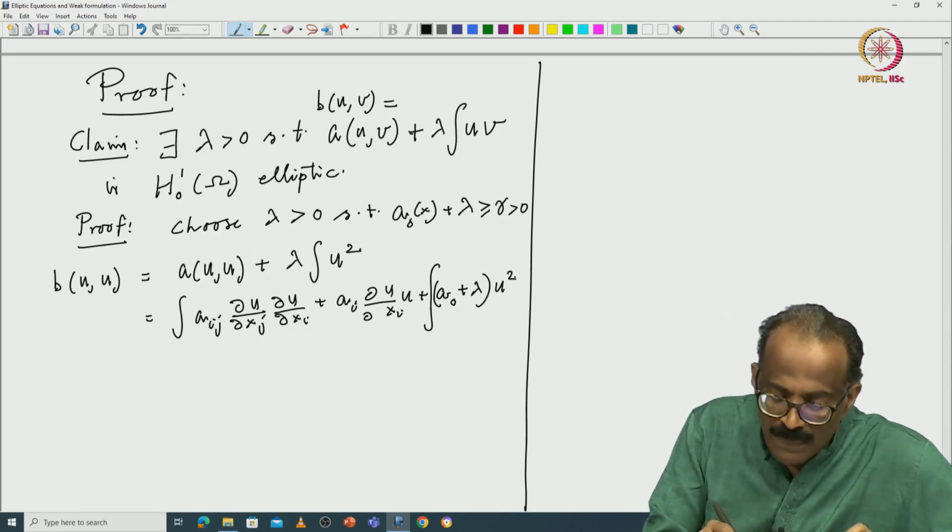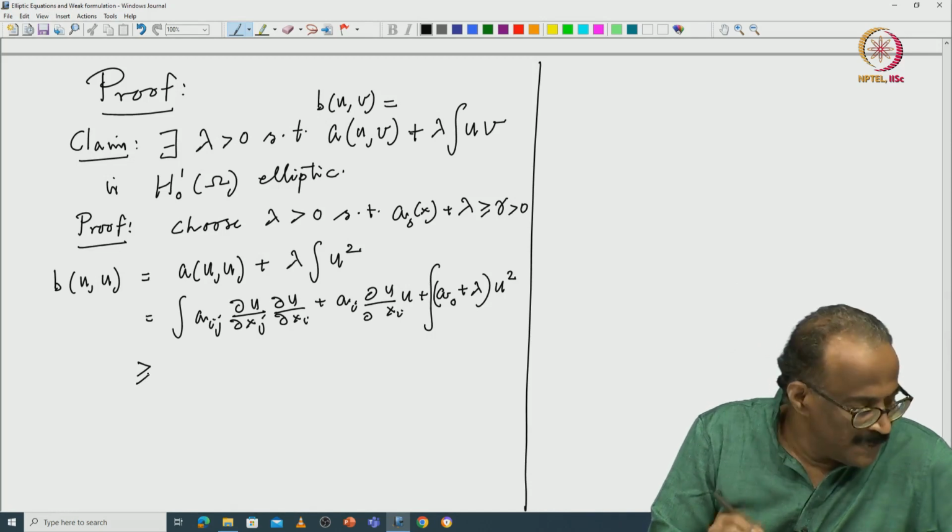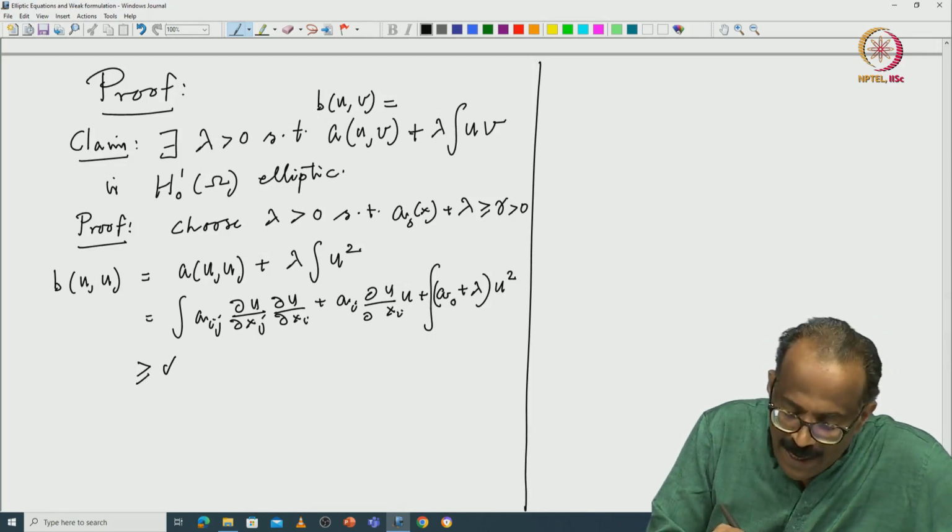See, by ellipticity, this you can write as alpha into norm of grad u square.